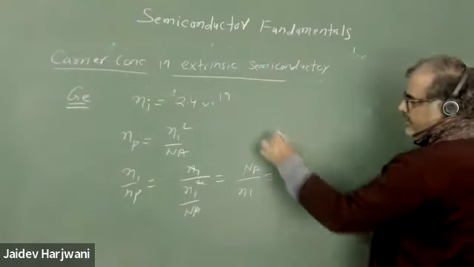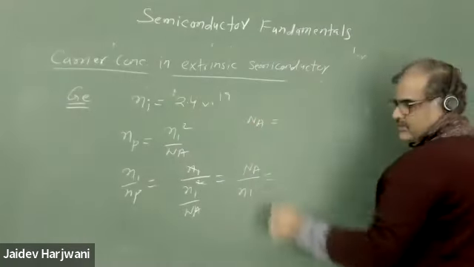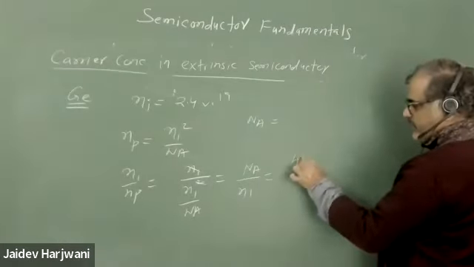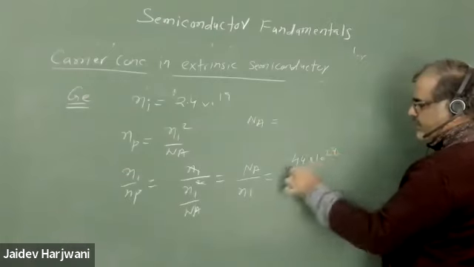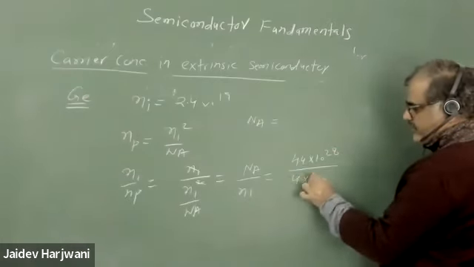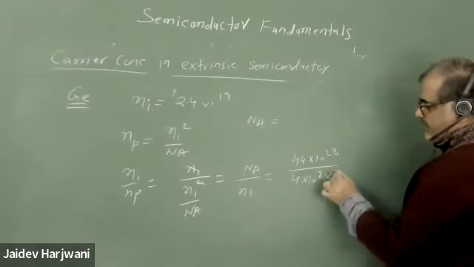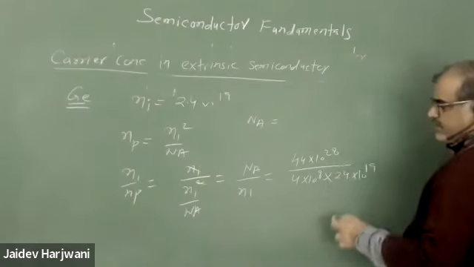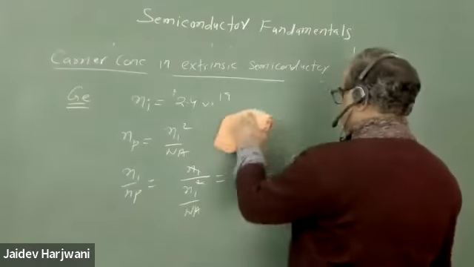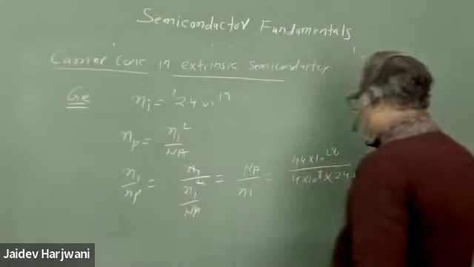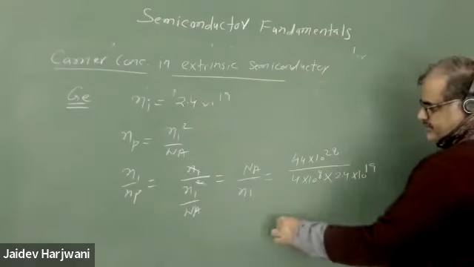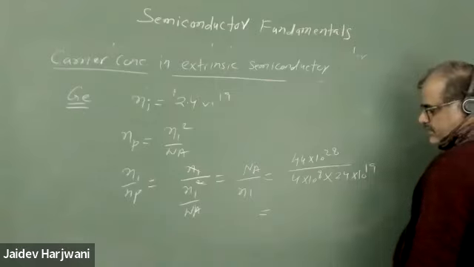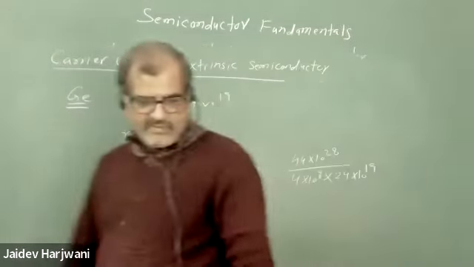Just now you calculated Na: 4.4 into 10 raised to power 28 divided by 4 into 10 raised to power 8, and Ni is 2.4 into 10 raised to power 19. You can see here Na is greater than Ni. Solve this one and tell me what is the answer.